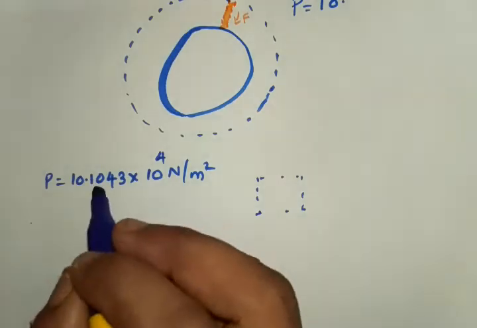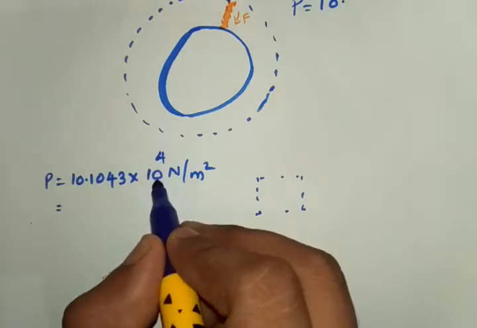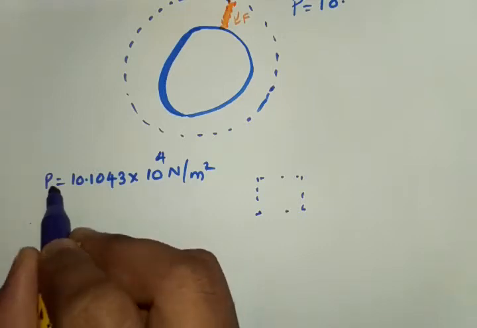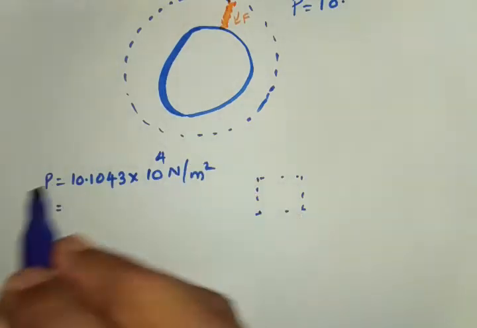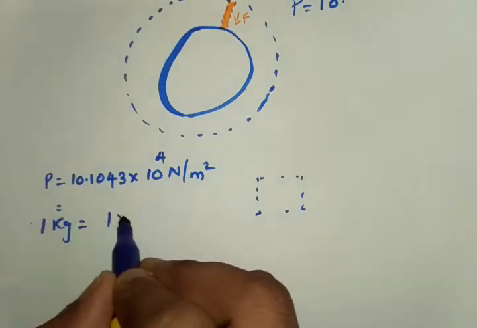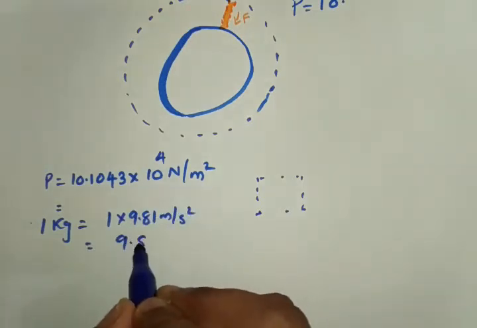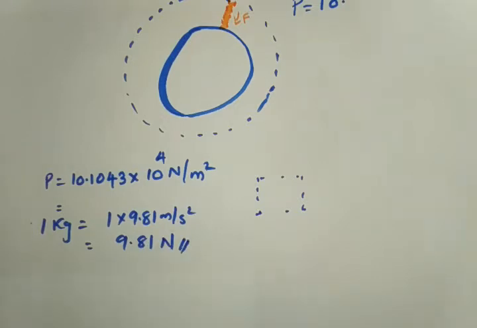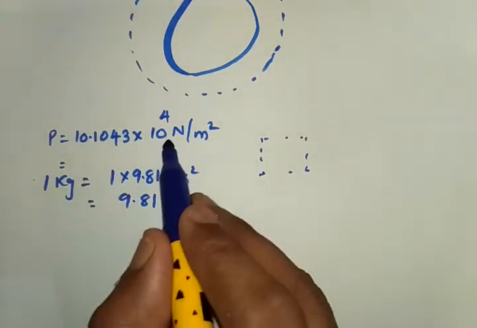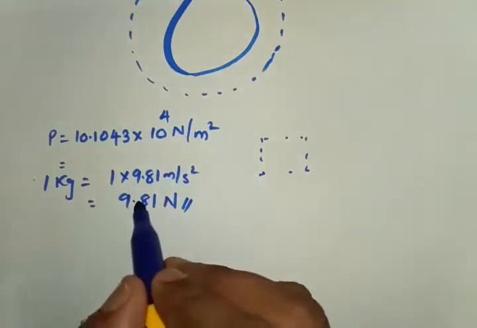Do you know what this value is? Let us take it in kilogram mass. So 10.1043 into 10 raised to 4 Newton per meter square. How is the force in Newton converted into kilogram? We have 1 kilogram equal to 1 into 9.81 meter per second square, which is equal to 9.81 Newton. So how can you convert Newton into kilogram? Divide it by 9.81.